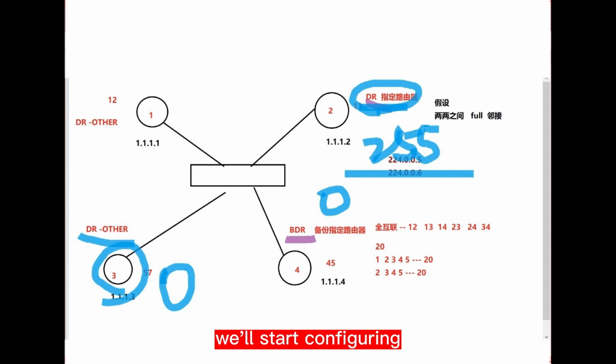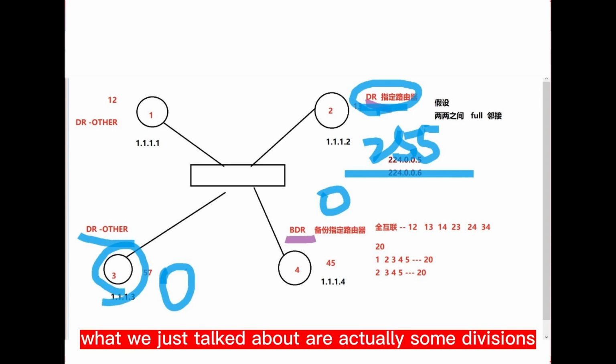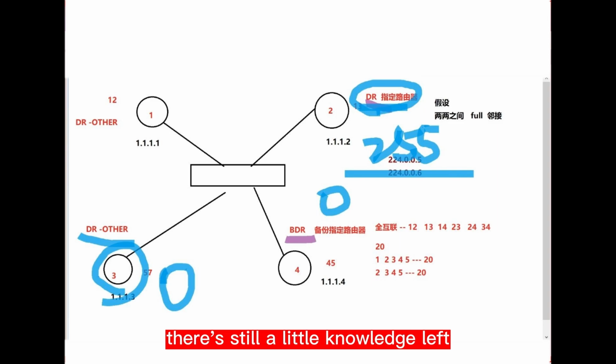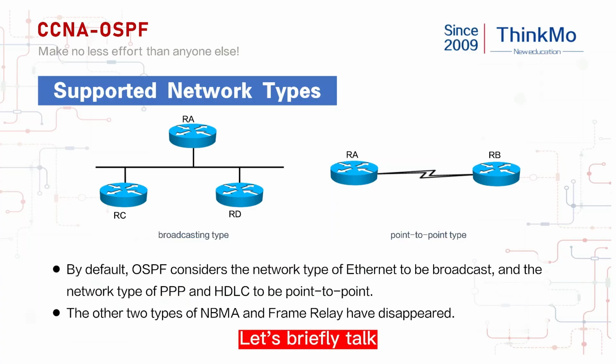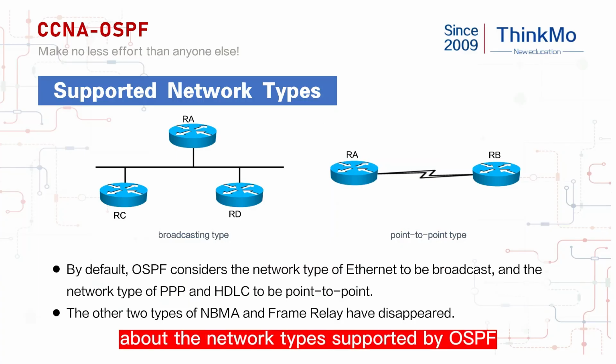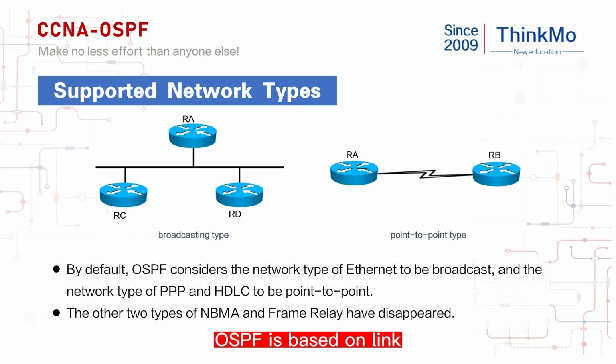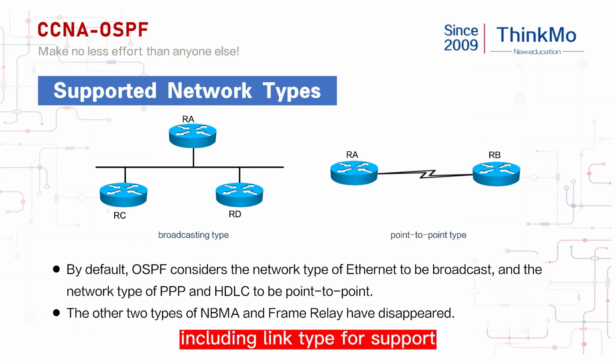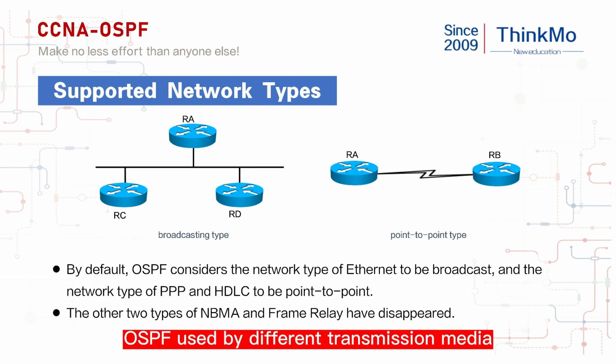We'll start configuring. What we just talked about were actually some divisions. There's still a little knowledge left. Let's briefly talk about the network types supported by OSPF. OSPF is based on links, so this is the interface type, including the link types supported.